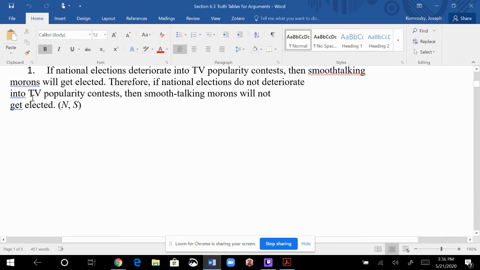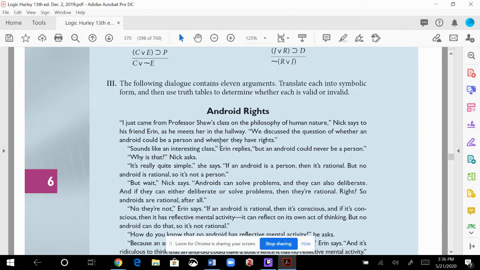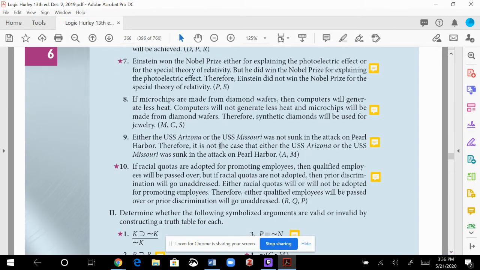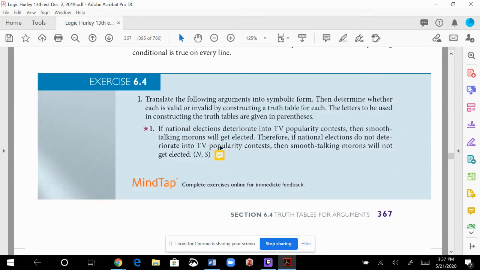Therefore, if national elections do not deteriorate, then smooth-talking morons will not get elected. So let's do this. And he makes it pretty simple.